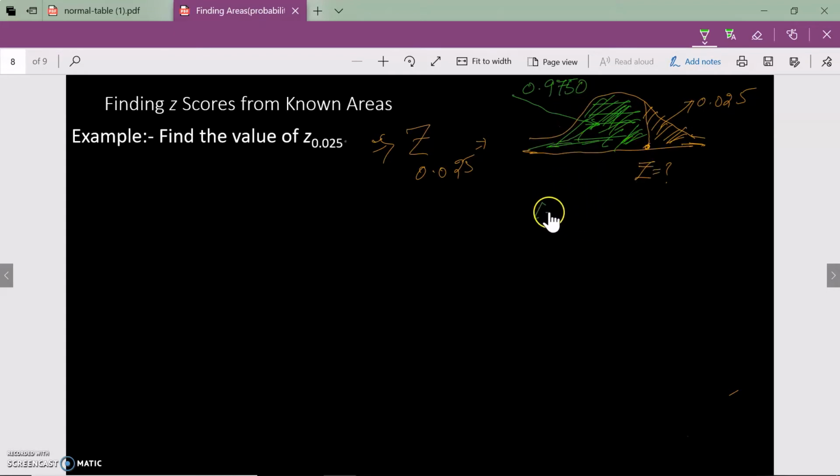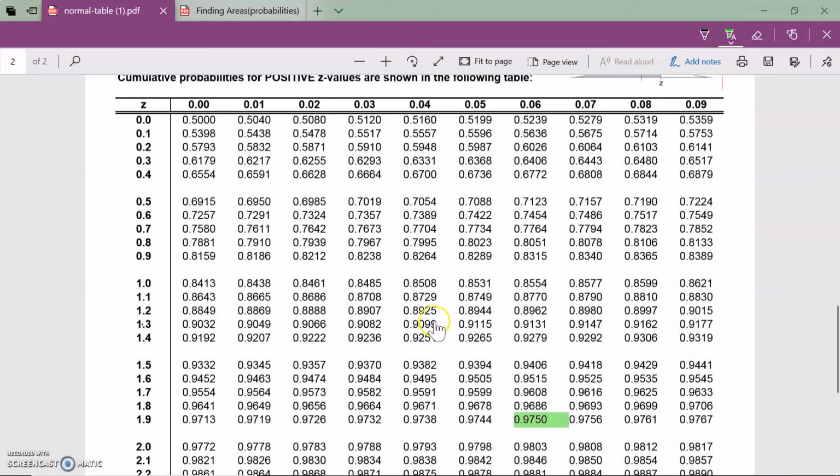Because 1 minus 0.025 is equal to 0.975, right? Now what we're going to do, we're going to locate this value in the body of the normal distribution table. Let's go to that table.